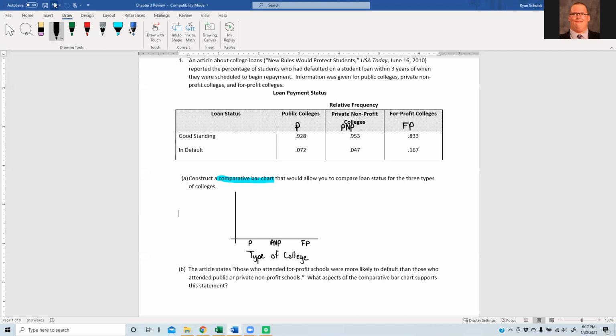I'm actually going to make my axis just a smidge taller.